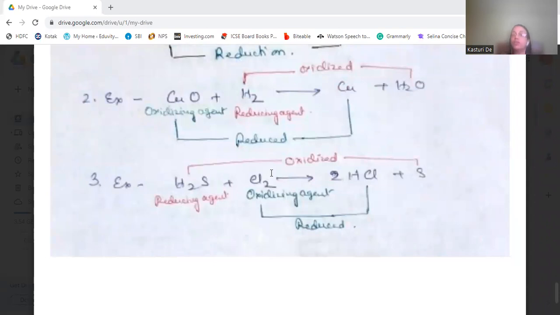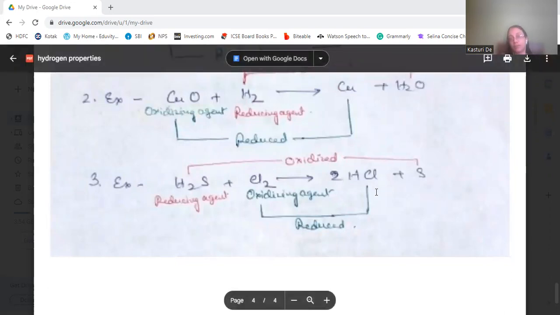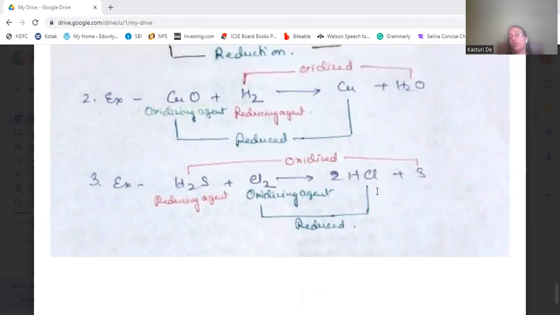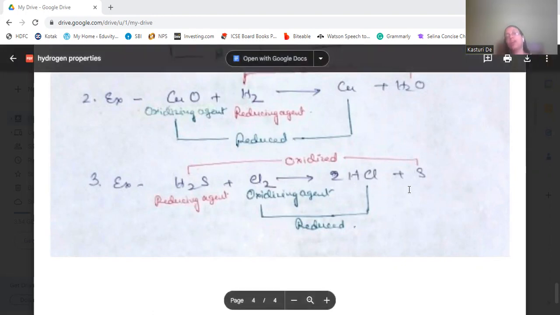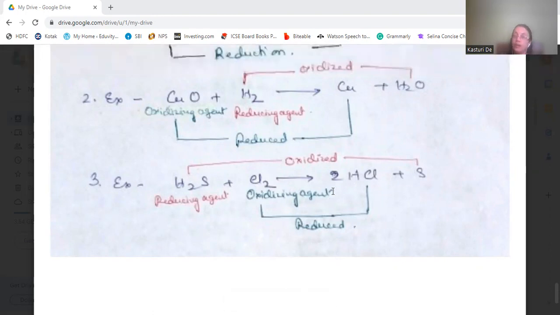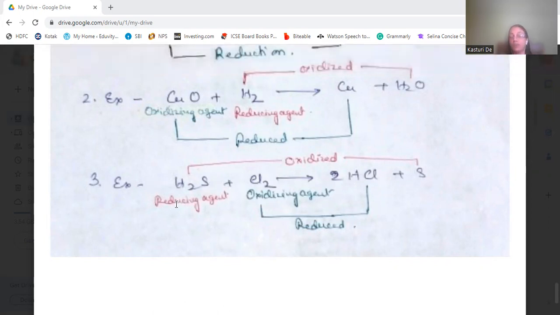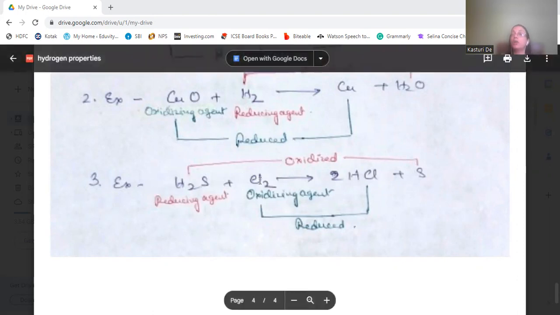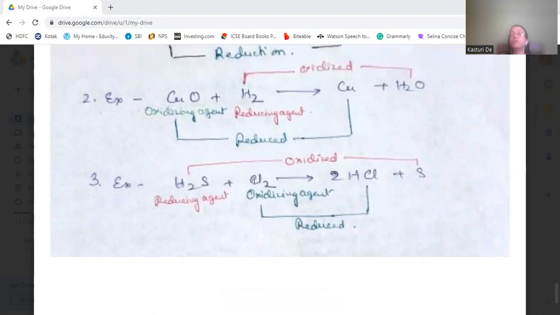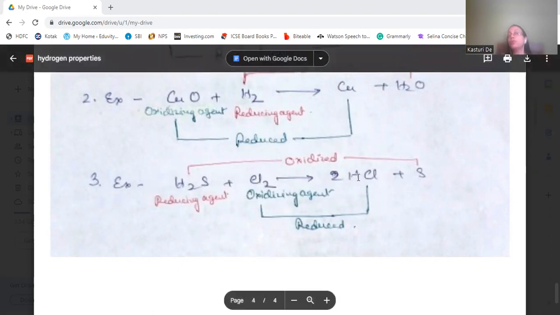It will be reduced to hydrogen chloride, that is, hydrogen is added to the chlorine. As chlorine is an oxidizing agent, it will oxidize hydrogen sulfide to sulfur, and hydrogen sulfide, as a reducing agent, will reduce chlorine to HCl.